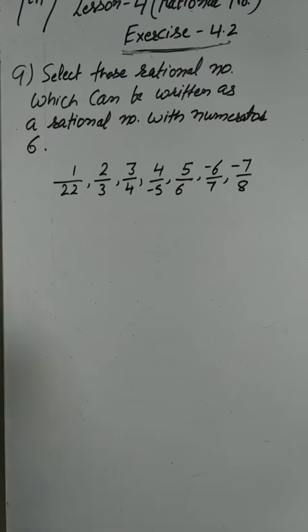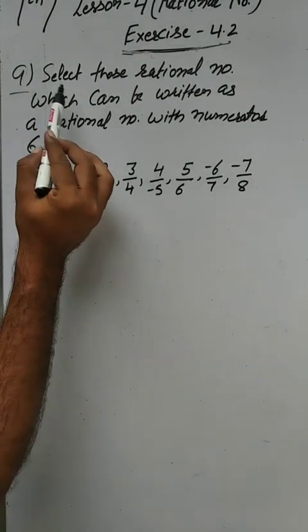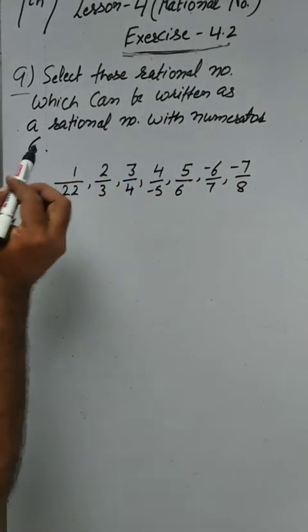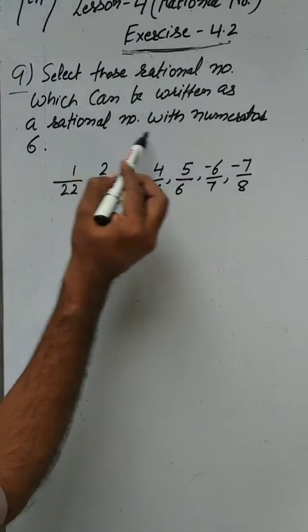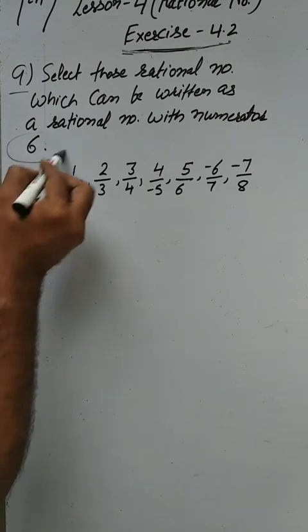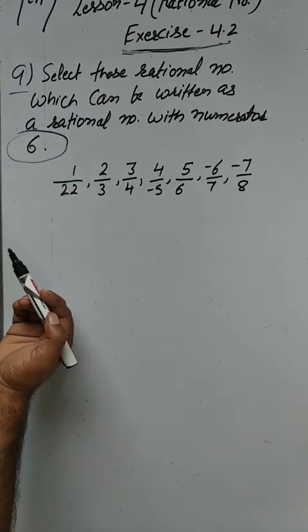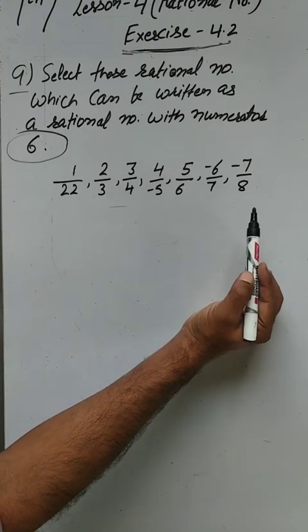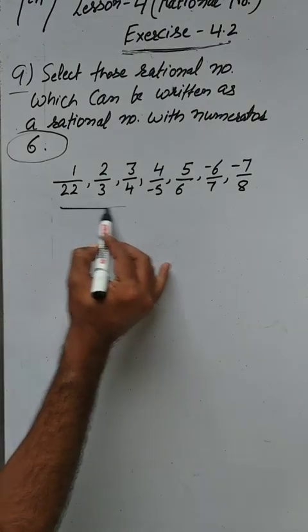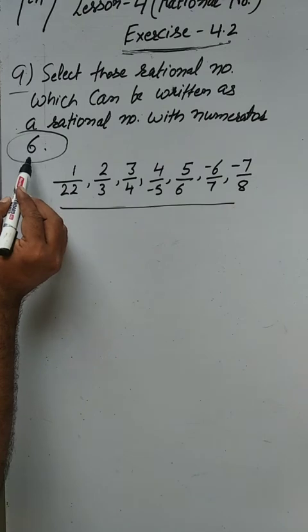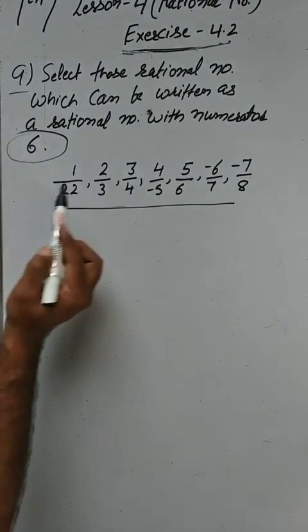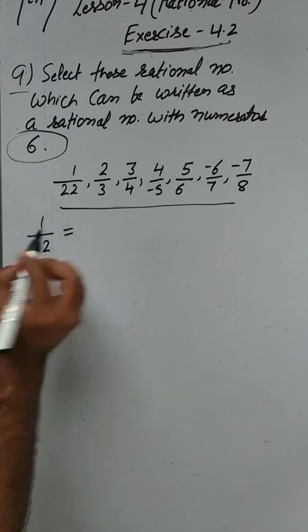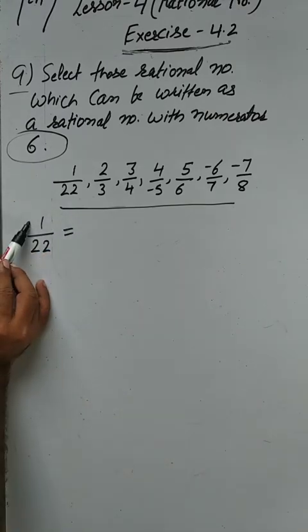Yes, but your next question, 9th. Select those rational numbers which can be written as a rational number with the numerator 6. We have been given some rational numbers. We have to find the rational numbers which can be written with the numerator 6. Now look at the first rational number, 1 upon 22. Here the numerator is 1.